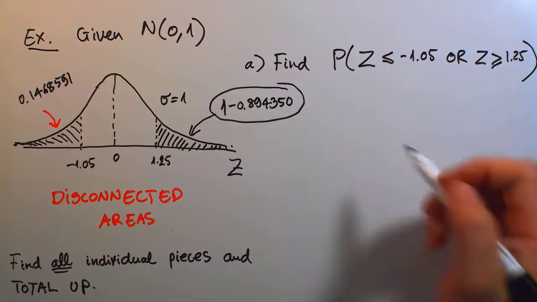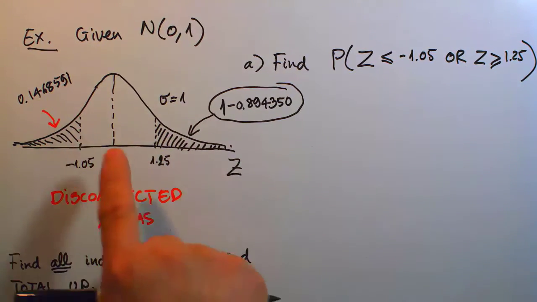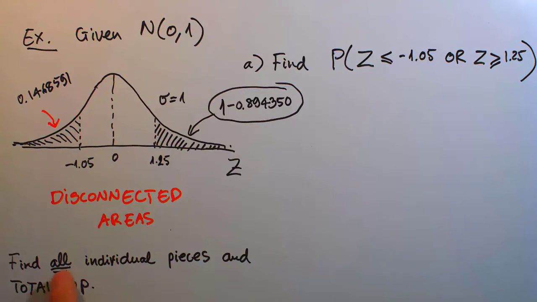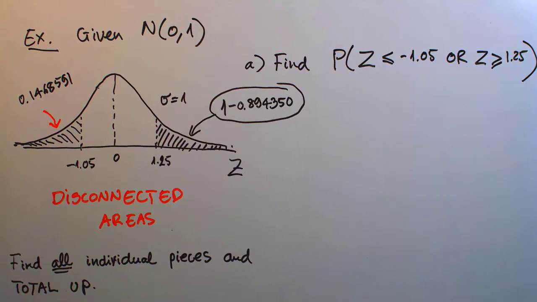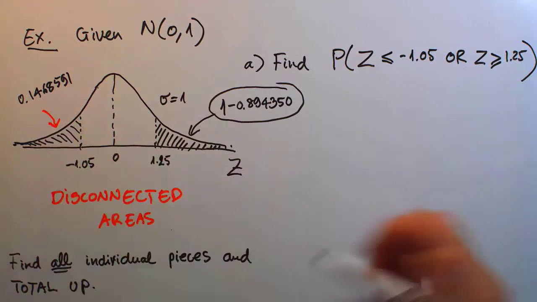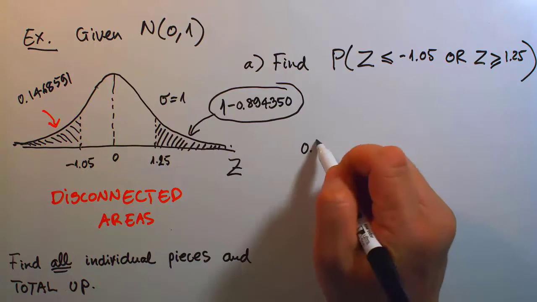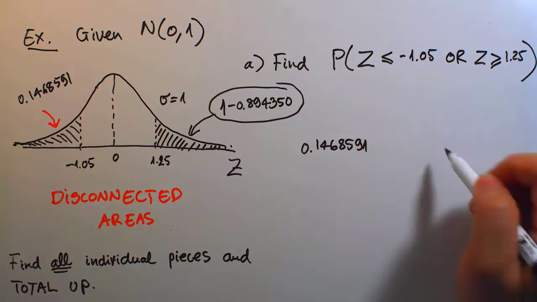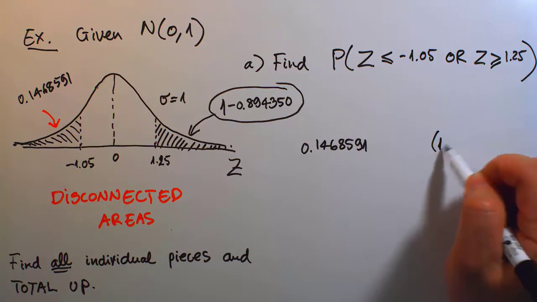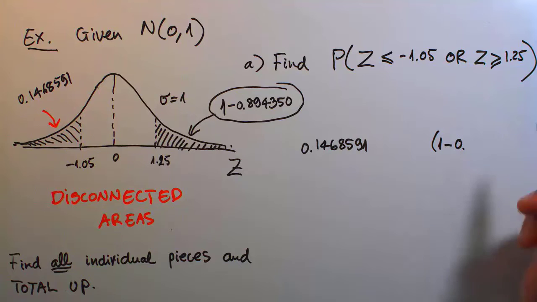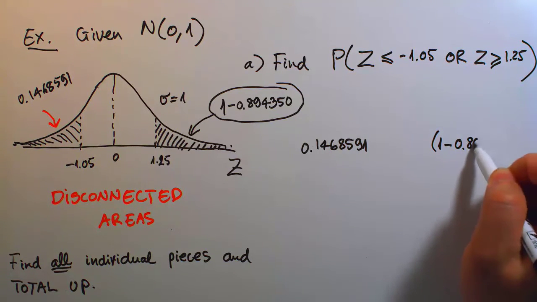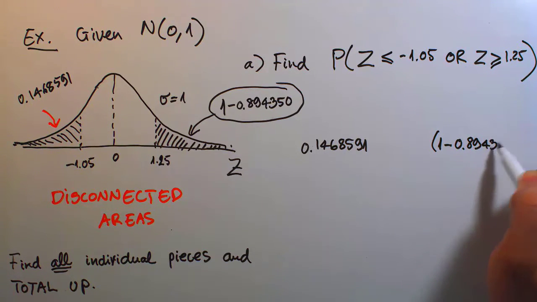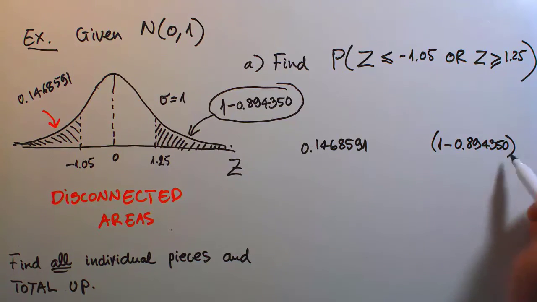Putting the two pieces together, as I said, we found all individual pieces, and now we're about to total them up. The left side individual piece is 0.1468591, and the right-hand side piece is 1 minus 0.8943502.